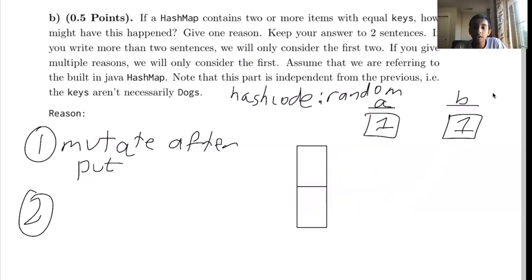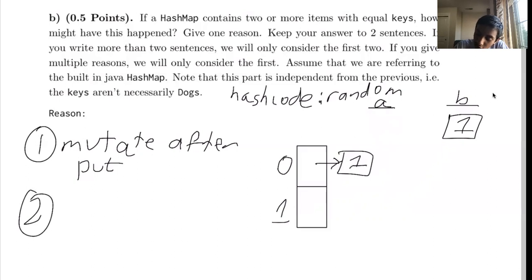And if a hash code is random, that means that there is a chance that you are allowed to insert two objects. They would just be in two different buckets. So it would look something like this. If you were to insert A, and let's say the hash code for this specific object is 0, and we're going by indices here, what we can do is add 1 to this object, to the chain starting from 0, and this works.